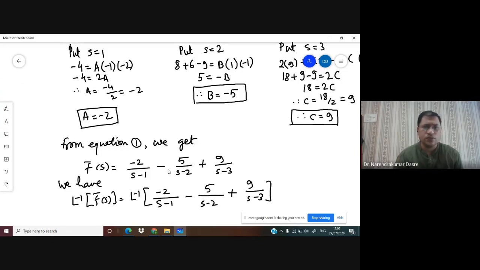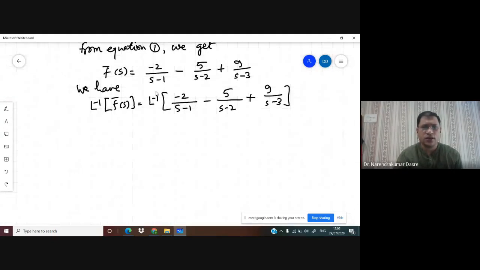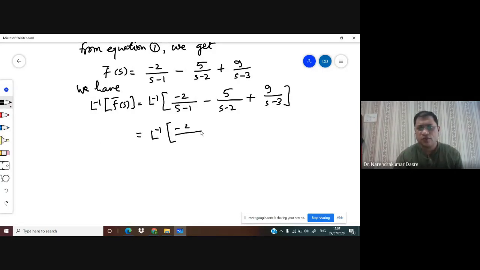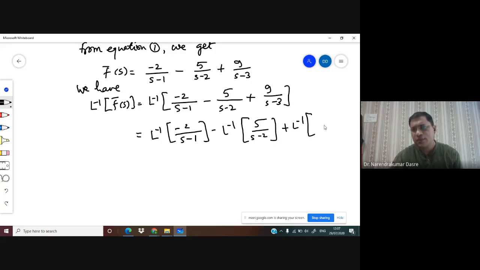Okay, so using the linearity property, we are able to write this as Laplace inverse of minus 2 upon s minus 1 minus Laplace inverse of 5 upon s minus 2 and plus Laplace inverse of 9 upon s minus 3.